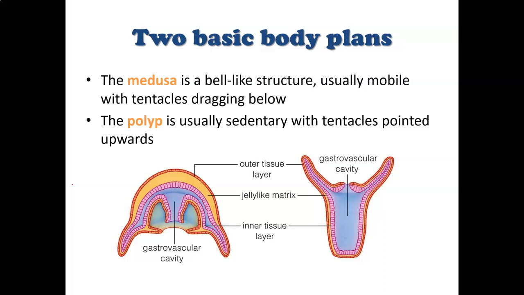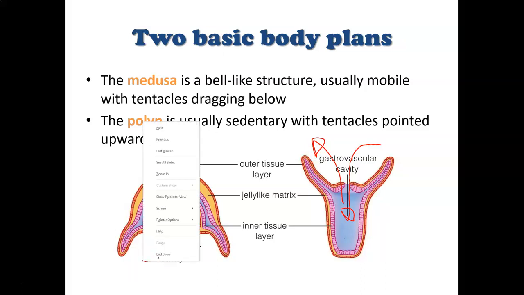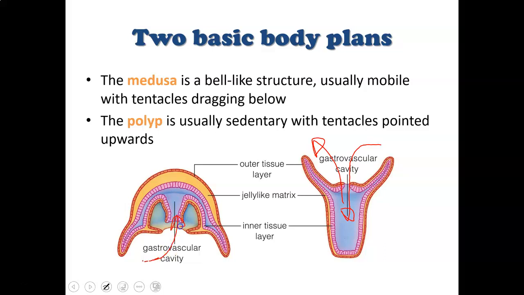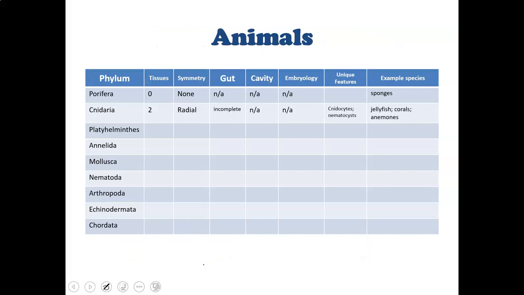But they have a two-way gut, so whether you're a polyp or a medusa, the anemones will catch food and stuff food into here, and then the waste will come back out the same hole. Right? If you're a jellyfish, you sting prey, draw food up into your digestive cavity, and then the waste comes out. But they have an incomplete gut. So, two tissue layers, radial symmetry, and incomplete gut.